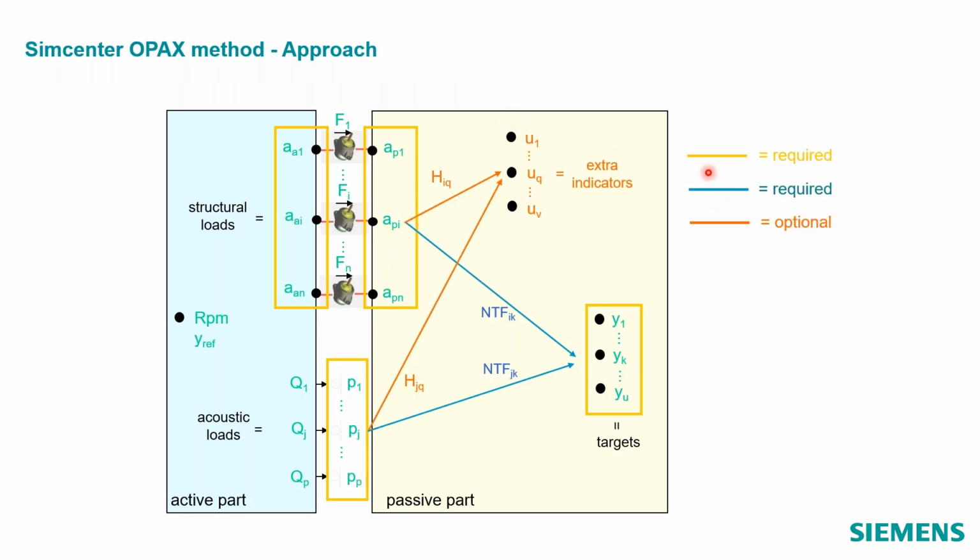And then you need the FRFs from all of the paths to all of your targets. So those are required. Optionally, if you think it would help to have some extra equations, we could have a couple of extra indicators spread around, and then you would need FRFs from the paths to the indicators.